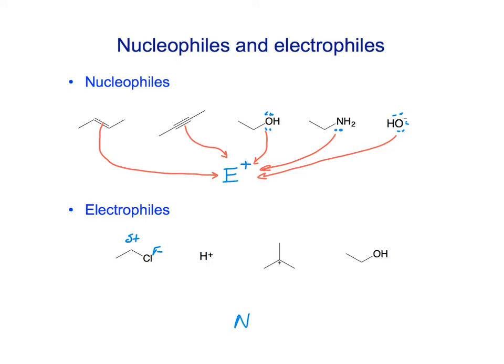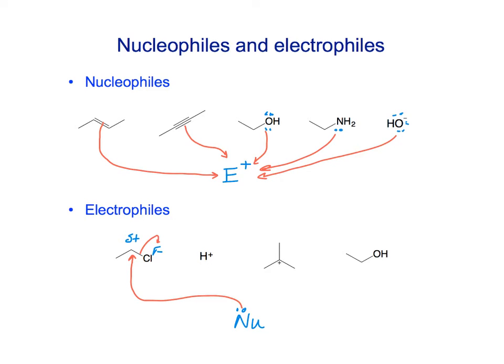So in this case, we could have our nucleophile donating its electrons to the electrophile. So the electron density reacts with the electron deficient site. Because that carbon will not be able to form additional bonds, it would have two hydrogens attached to it, it would break the bond to the chlorine.